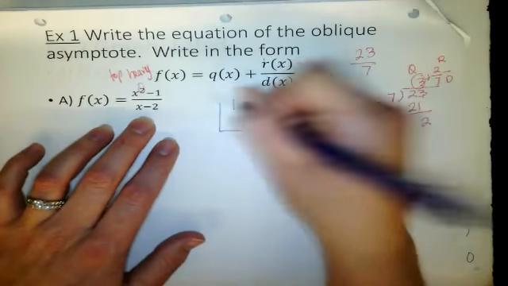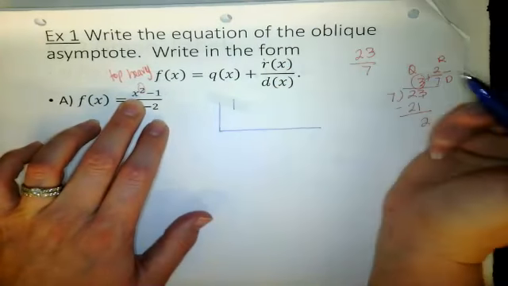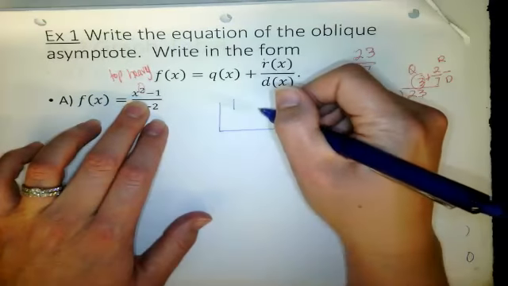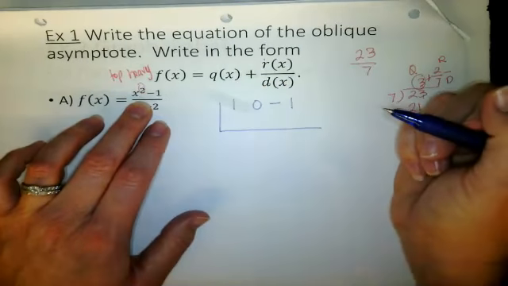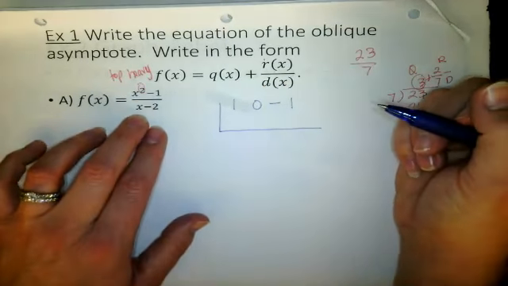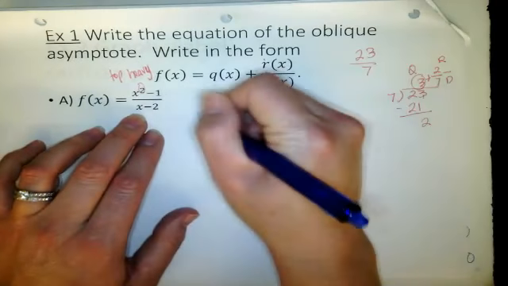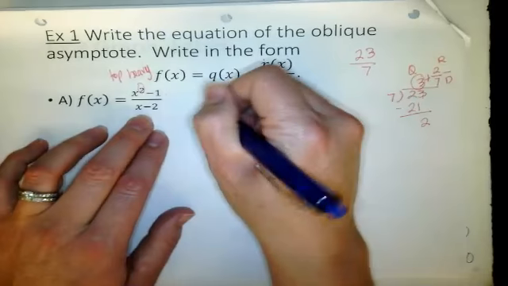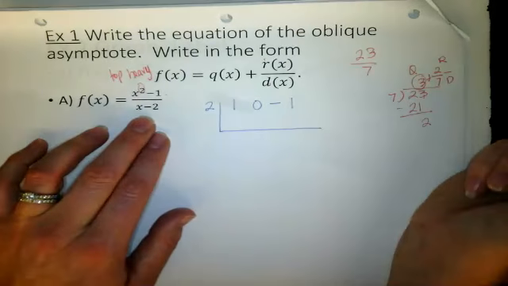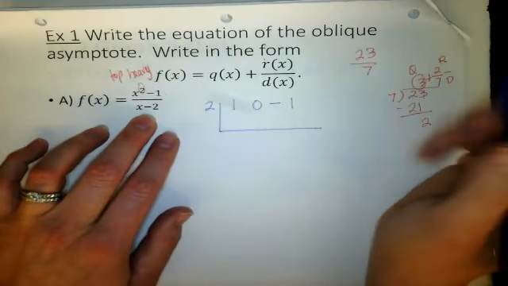Yes, 1. What goes across the top? 1, 0, negative 1. Got to fill in the missing terms. Very good. It's been a while, I know. And then what's on the outside here? What do we use? 2.